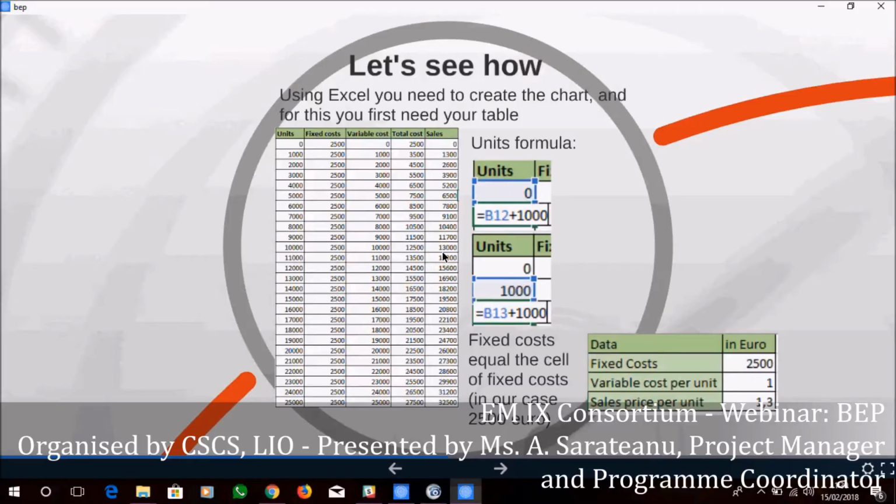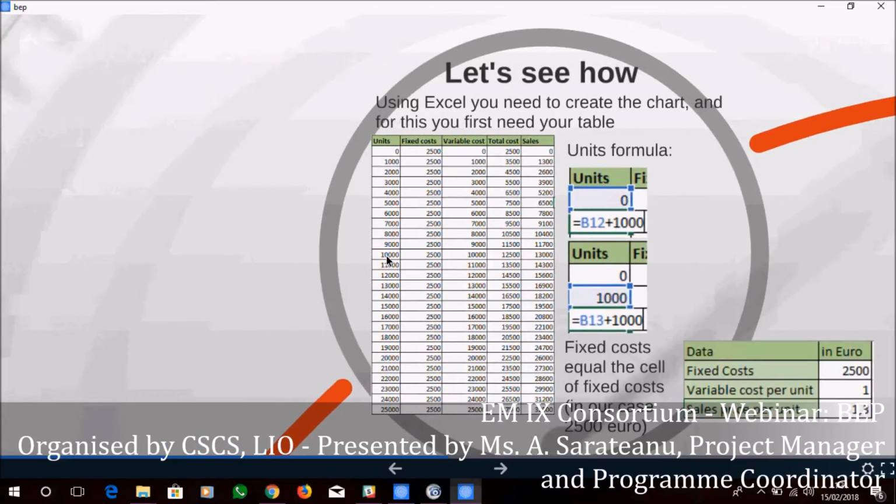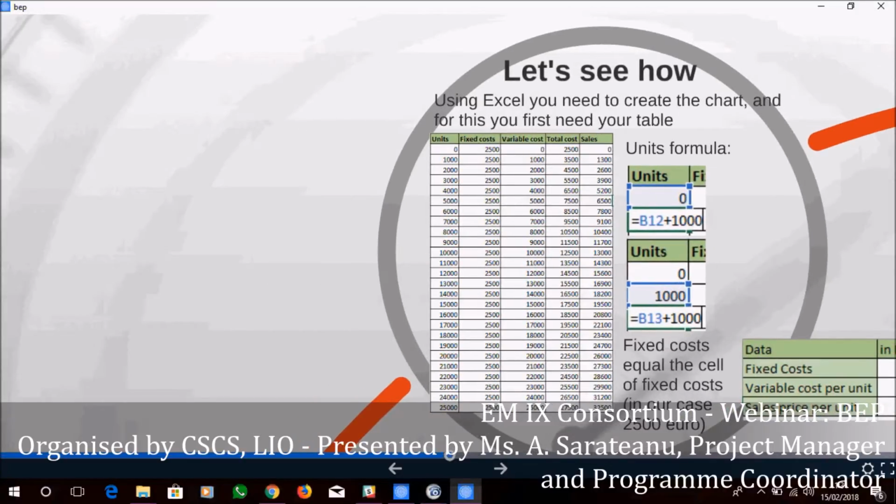And as you can see, even without looking at the chart, somewhere here at this point, at 10,000, the company is making a profit, because the sales are already higher than the total costs.